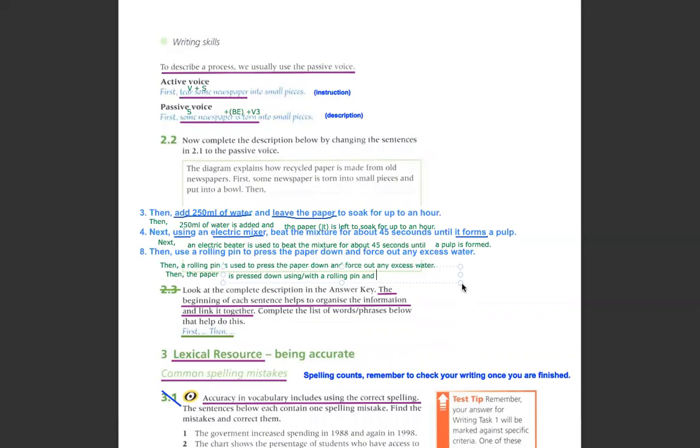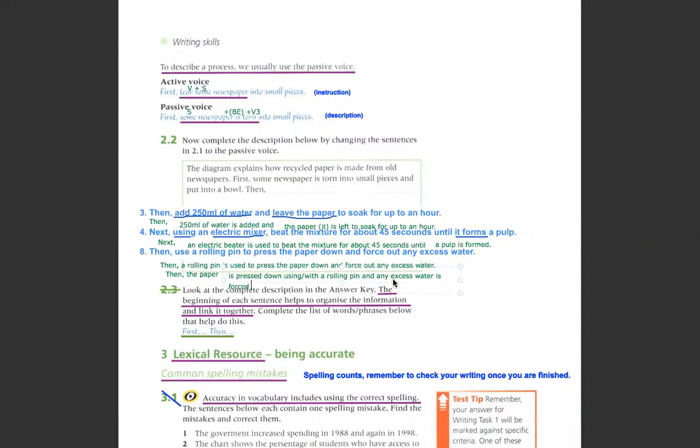now we want to use passive again. So in this part of the sentence, what is the subject? Our subject is the water. Okay, now we want to use passive, is forced out.